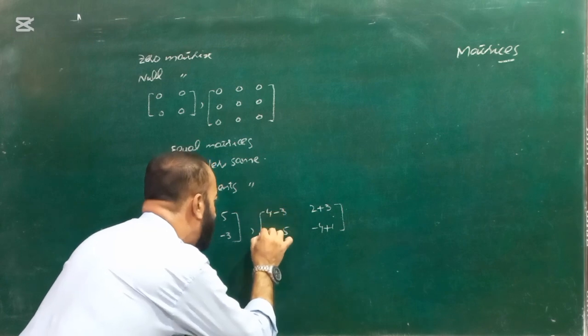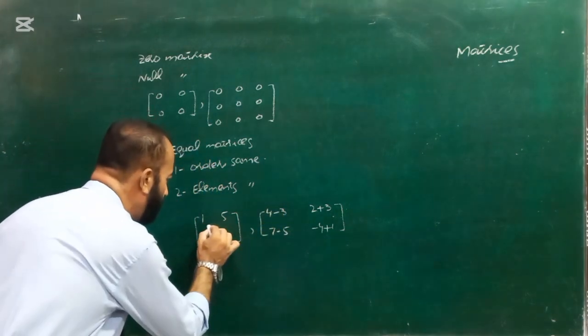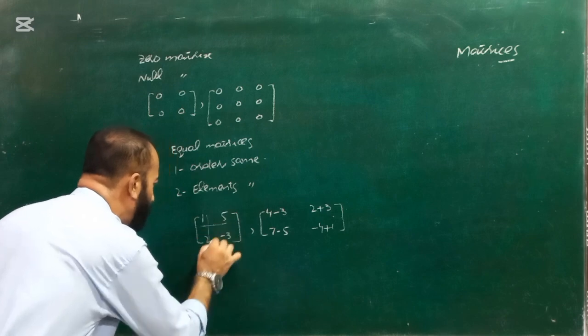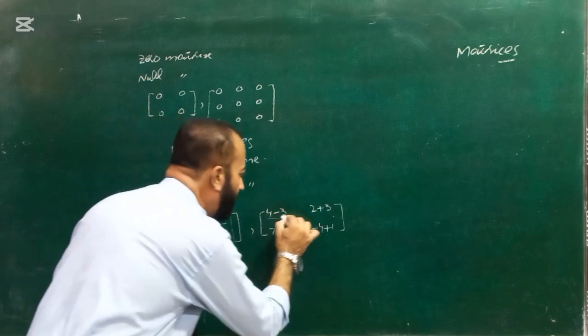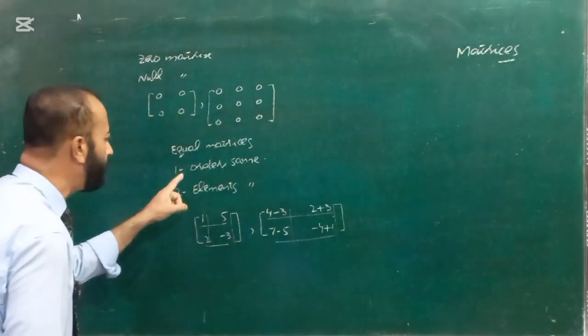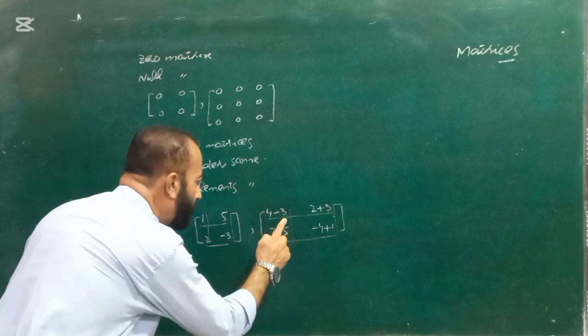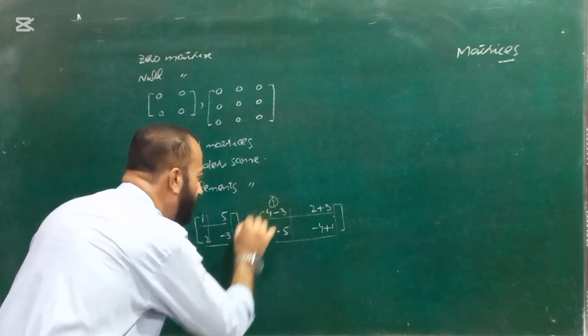So in these two matrices you can see the order is the same, because the first matrix has 2 by 2 order and the second matrix also has 2 by 2 order. So order is the same. And second, the first element is 1, so if you solve it, it will become 1.